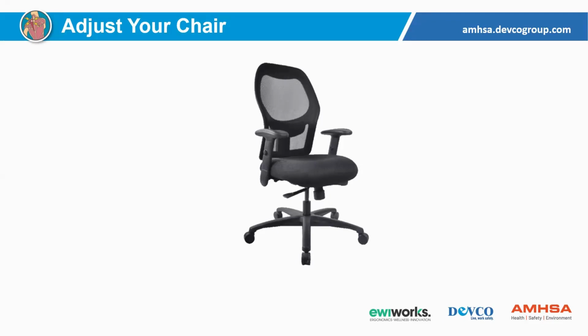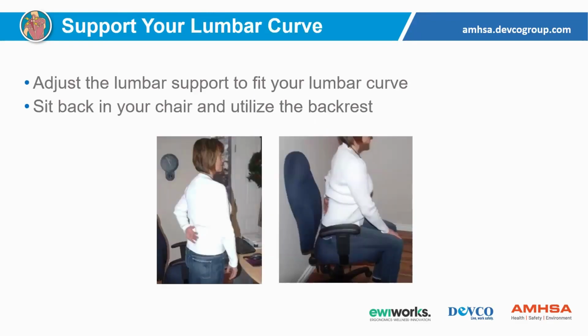I'm going to highlight a couple different ones here, but it's really difficult when everyone's working with different chairs. But one of the things that we can definitely talk about that is adjustable on most chairs, and it wouldn't be all chairs again, but most chairs that have some adjustability, is your lumbar support. So as you see in the picture here, the easiest way to find this is you stand up, you find your lumbar curve, which is going to be the part that curves inwards towards your stomach.